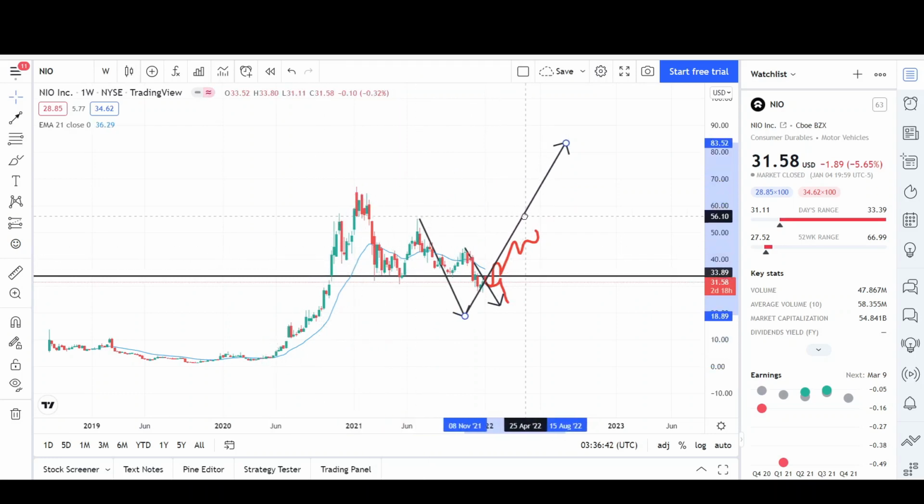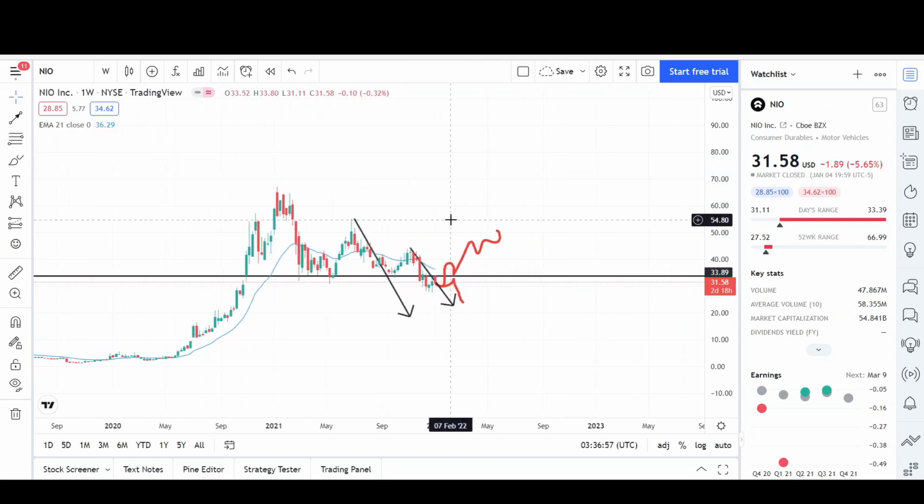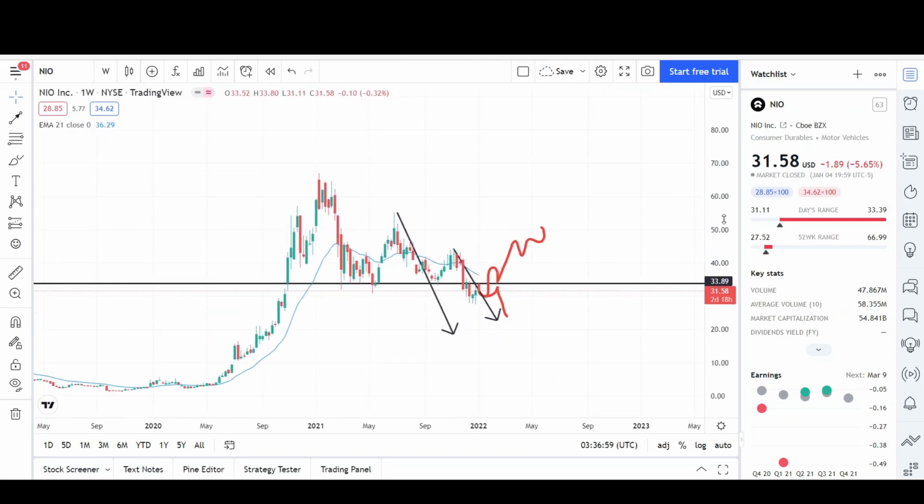So if we just drag that over, maybe the all-time high for NIO, or the new all-time high that I can make eventually, maybe mid of this year or towards end of this year into 2023, would be the $82 or $83 level. But that's just a guess.